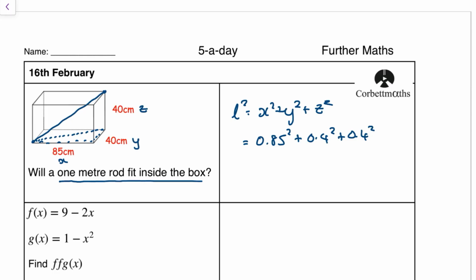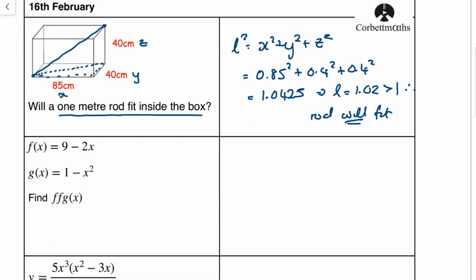If I get my calculator out, it's going to give me 1.0425, which implies that the length is the square root of that. I don't really need many decimal places here, just need to say it's 1.02, which is greater than 1. So therefore, the rod will fit. In other words, my diagonal is longer than 1 meter, so my rod will fit into it.